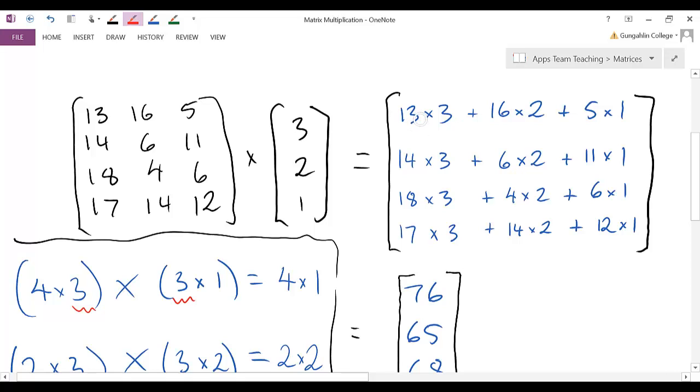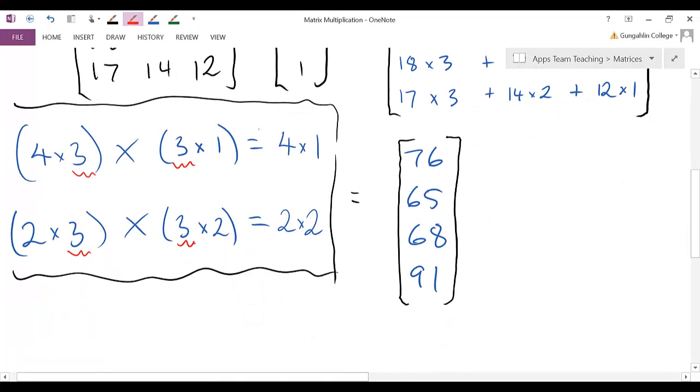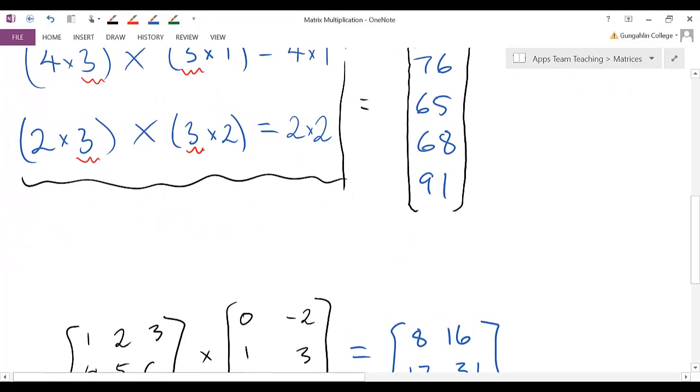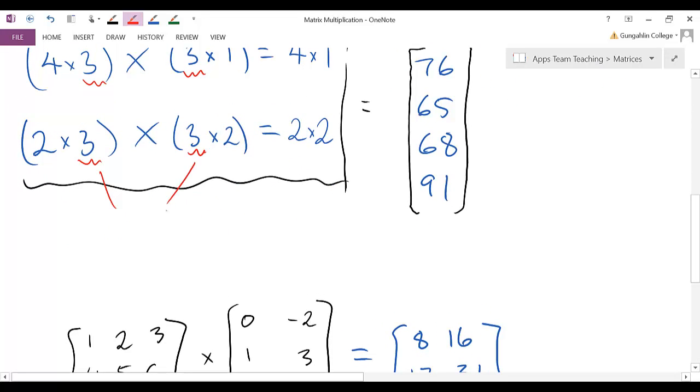We need to have enough elements in the row to match up with the number of elements in the column. So that always has to be the case. Okay, let's make a note of that. These must be the same.